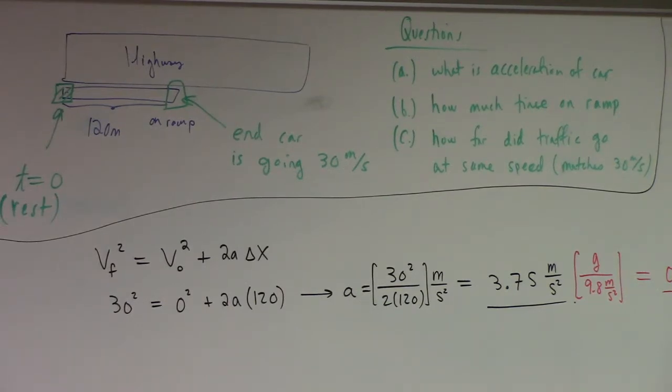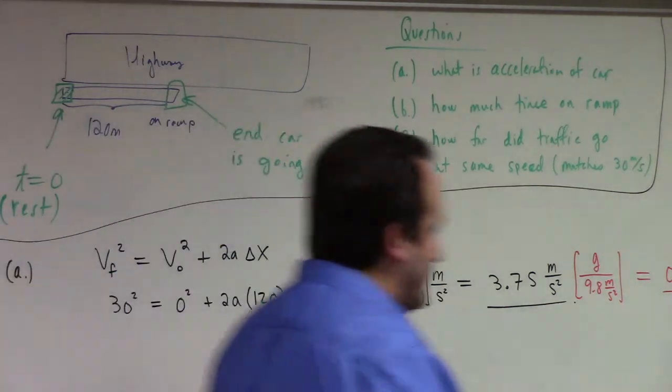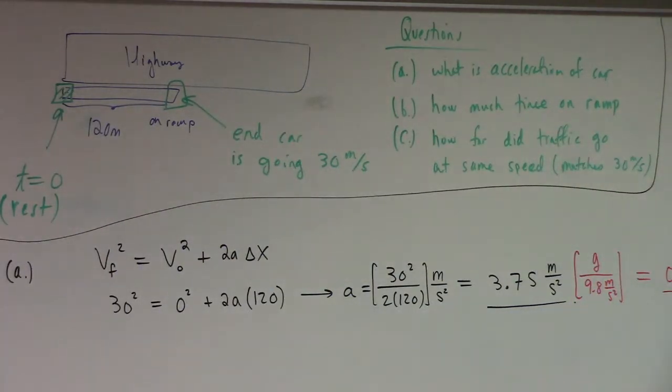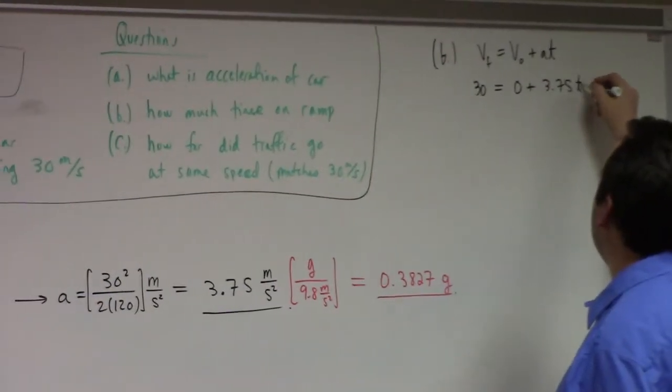Okay, next question. How much time on the ramp? I heard 8 seconds. How do you know that? The other equation: v_f is equal to v naught plus a t. Now we know a. So we've got 30 is equal to 0 plus 3.75 times t.